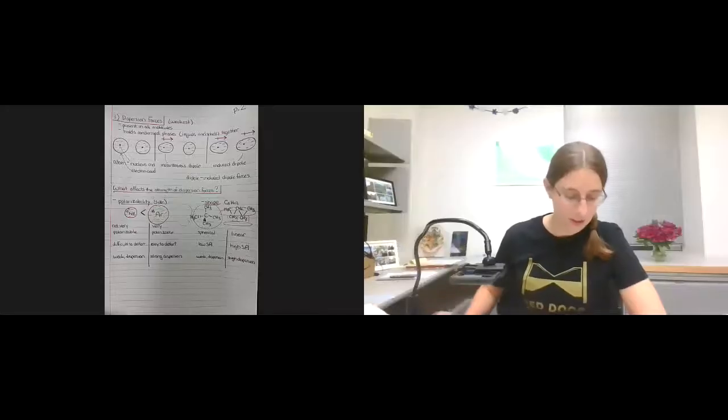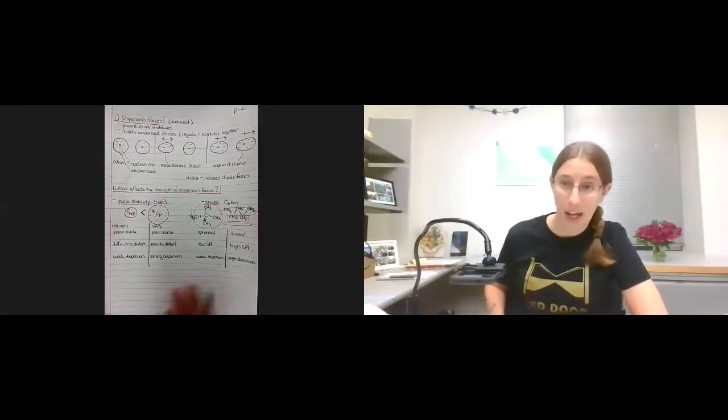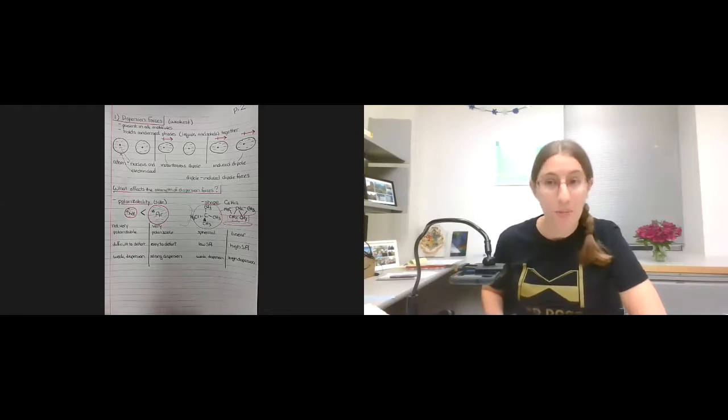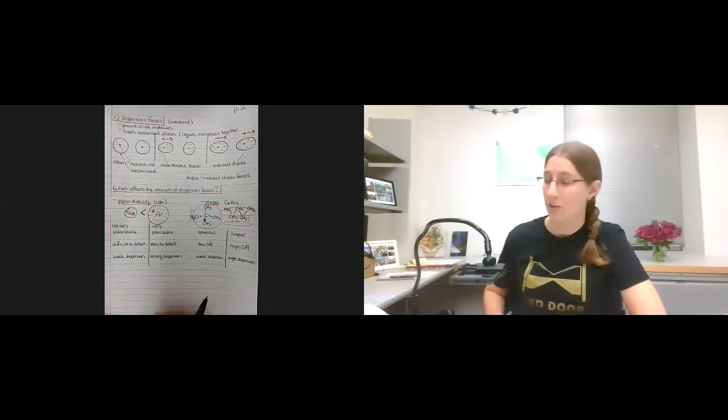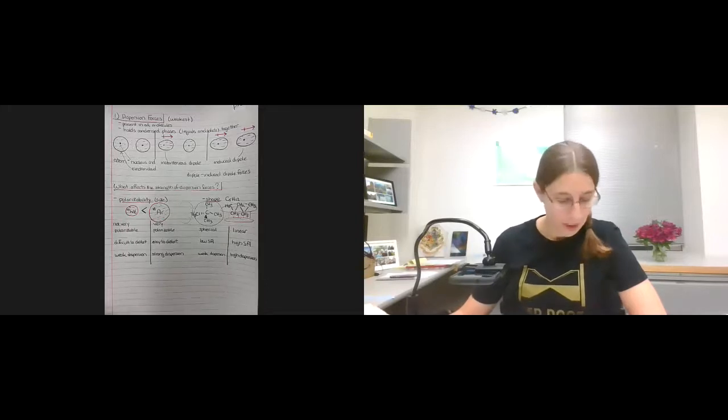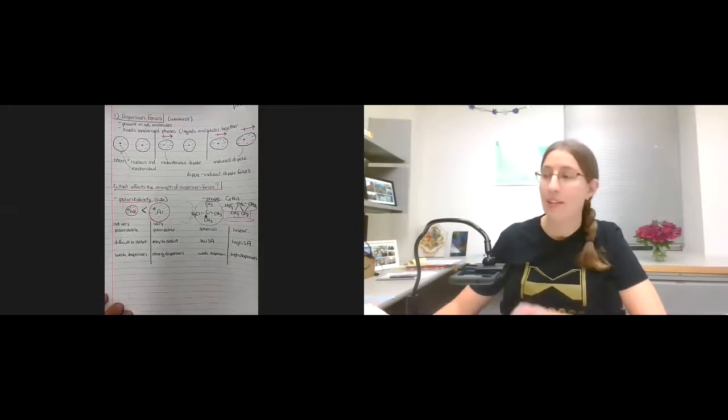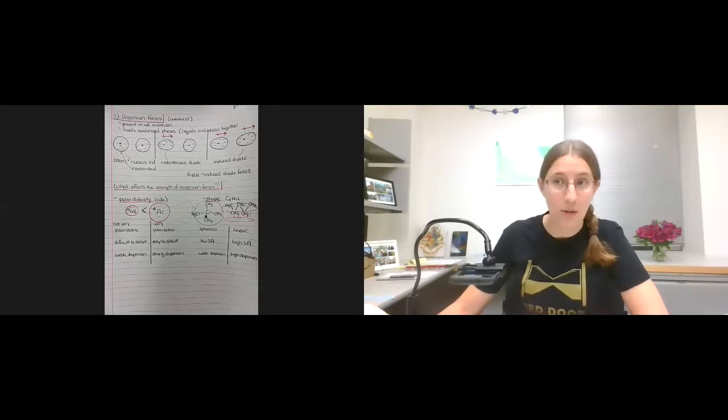And so you say to yourself, how do you know this is true? You've drawn lots of pictures of molecules. How can you prove that these dispersion forces are actually the strongest? Well, dispersion forces have proof, and that proof is in how easy it is to change phase.